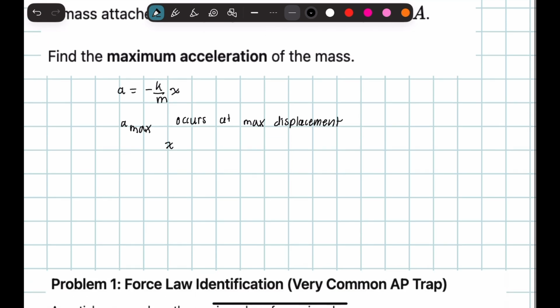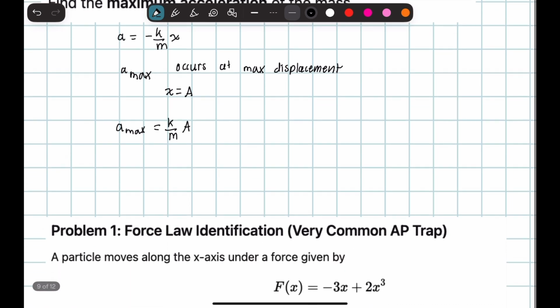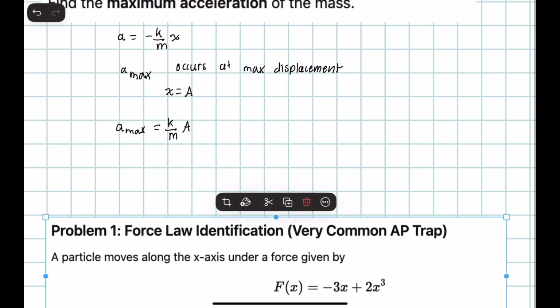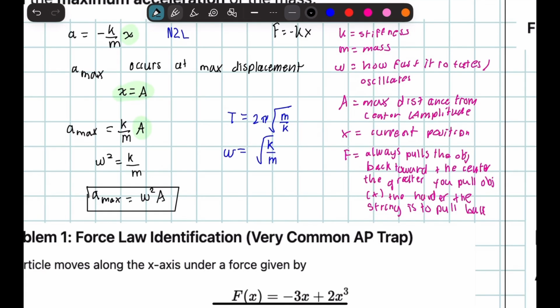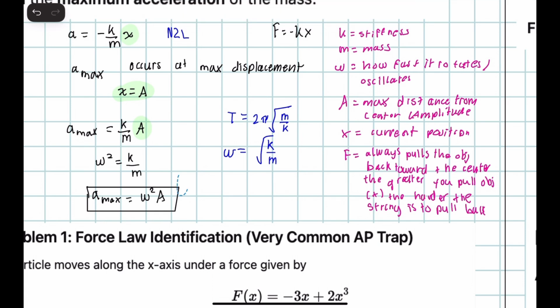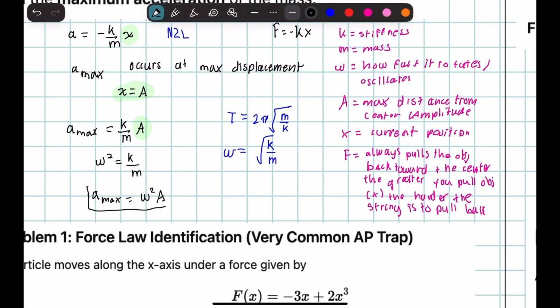So that means x is just equal to A. Now if we substitute that in, solving for a max, we have k over m times A. Now if we rewrite this using angular frequency, we have omega squared is equal to k over m. So because we know that x is equal to A, we substitute that in, and we know omega squared is equal to k over m from the formula of omega. So then we get a max is equal to omega squared times A.